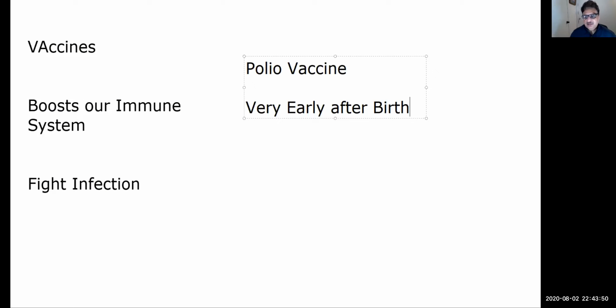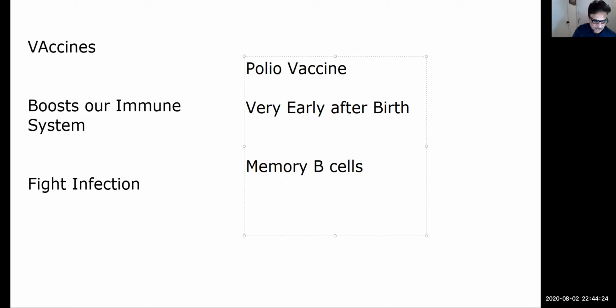So when a vaccine is delivered into a baby, it leads to the development of special cells called memory B cells, and these memory B cells work as a depot effect, such that when this small baby develops into a kid, teenager, adult, and comes across the polio virus, he or she has these memory B cells.